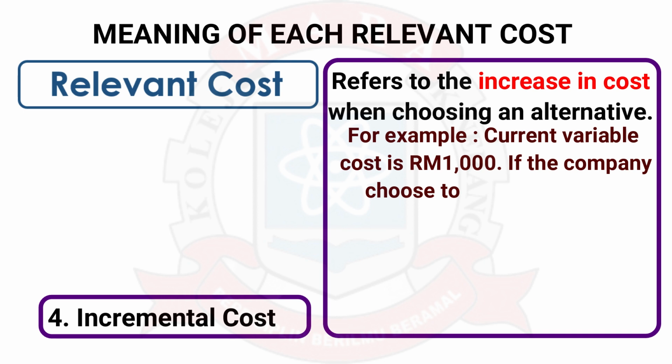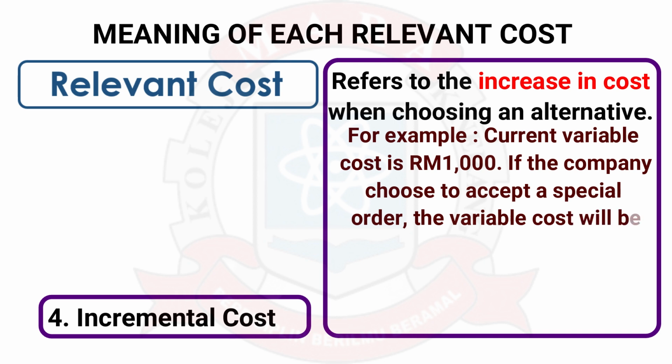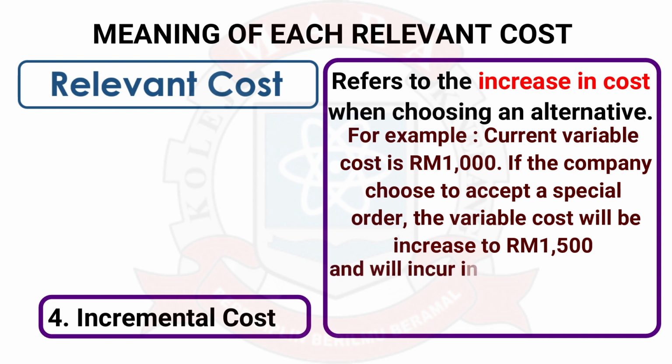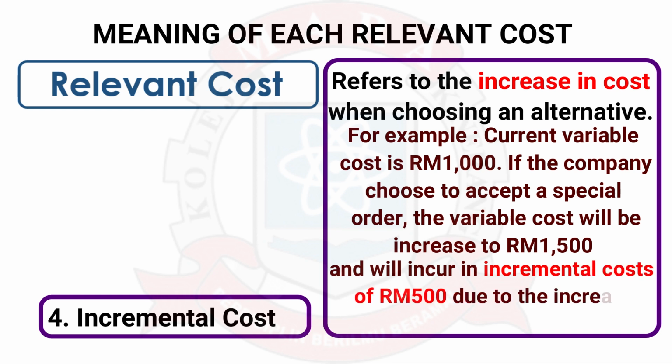If the company chooses to accept a special order, the variable cost will increase to 1,500 ringgit Malaysia and will incur an incremental cost of 500 ringgit Malaysia due to the increase in units of production.